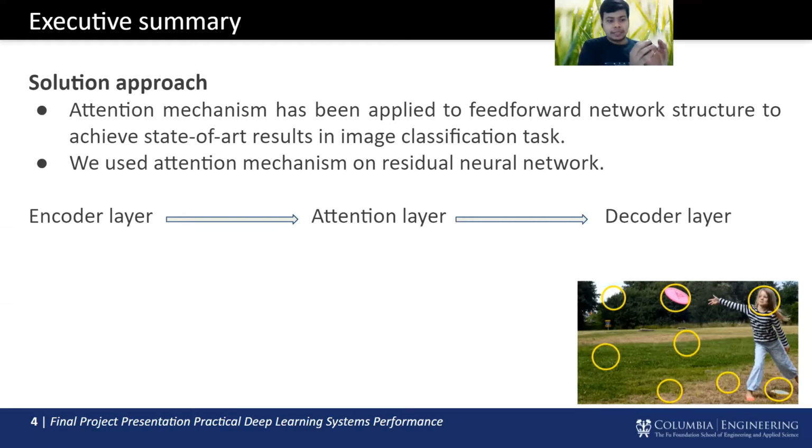The CNN will get the image and encode the image into a vector representation and pass it to the attention layer. What the attention layer is going to do is it will create a contextual vector and pass it to the decoder. What is this contextual vector? The contextual vector will tell you how much weight we should give to a particular input.